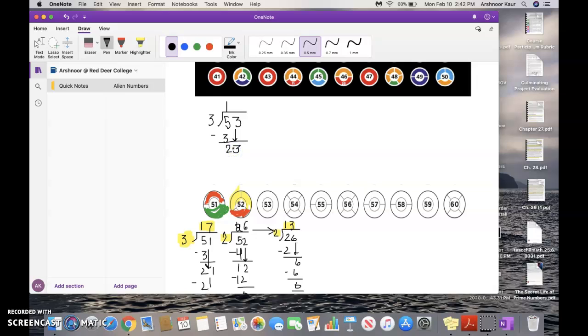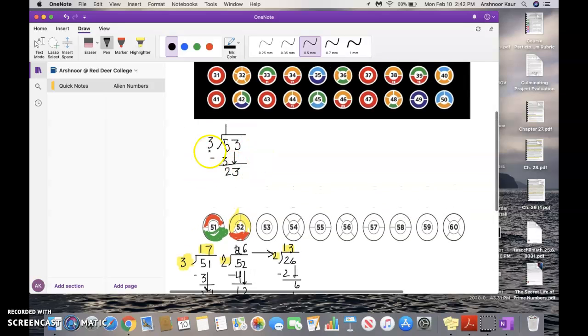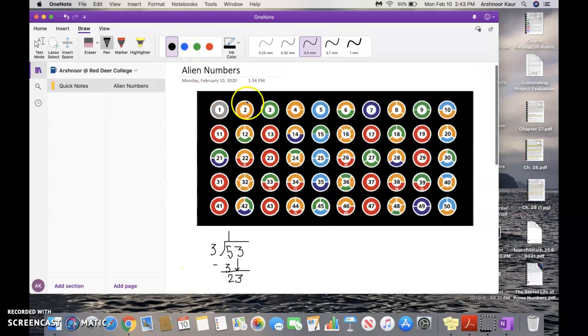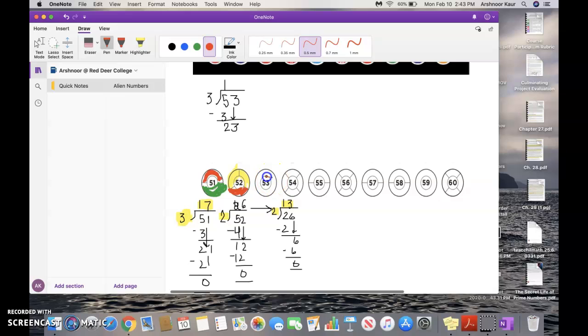I can definitely tell that it will not go into 23 evenly, so it will have remainders. We're looking for numbers that can be broken down into prime numbers, or numbers that can be divisible evenly. By looking at the ring, I can definitely tell that it has no factors. It's not divided into anything. And from my math, I can tell that it's not going to divide evenly. So judging from this chart and the pattern, 53 is going to be shaded red.